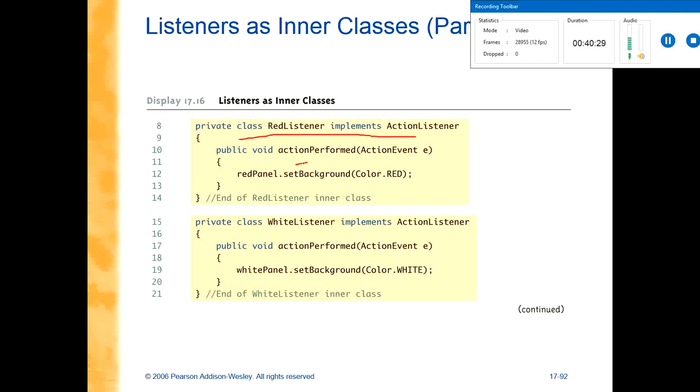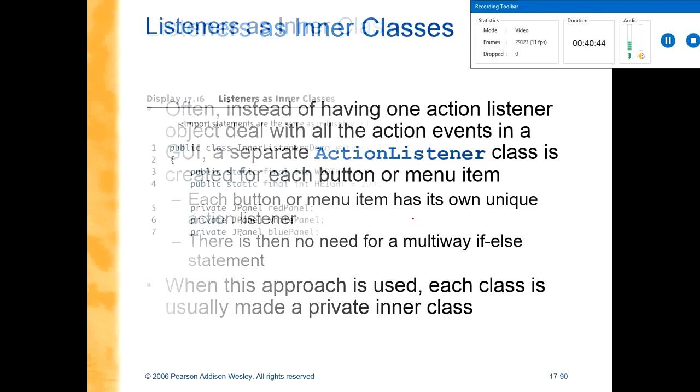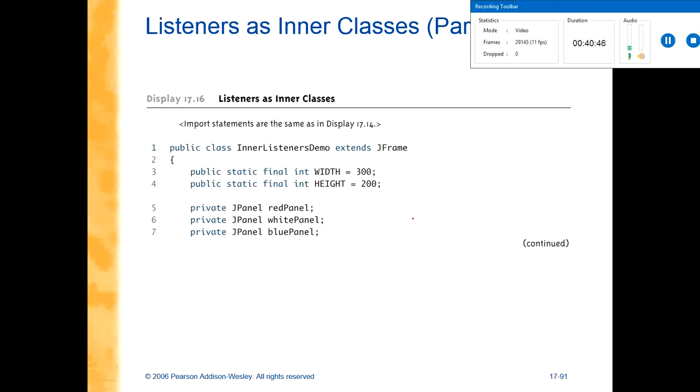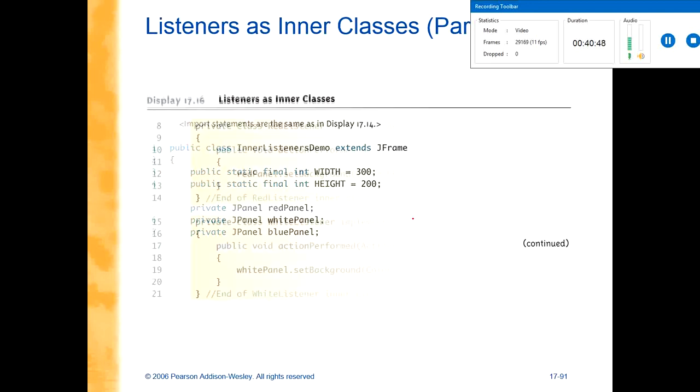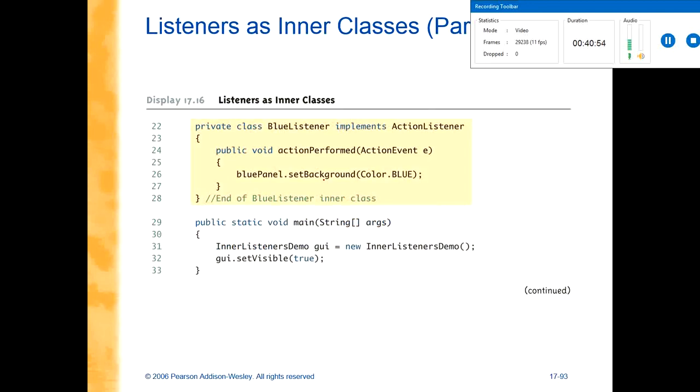So here we have the action performed for the red listener and set background as red. Again we have an inner class for the white listener which implements the action listener class. And if you see over here, we just have the same things, and this is the inner class for the white listener and the blue listener.